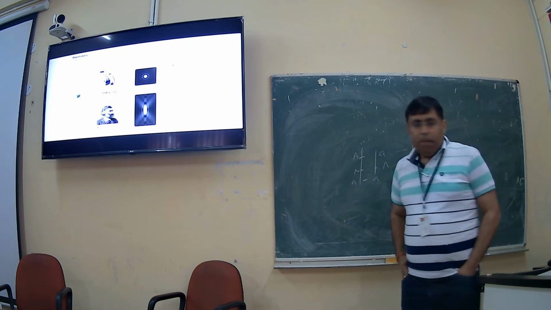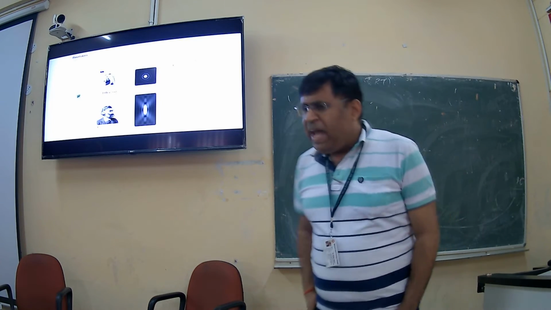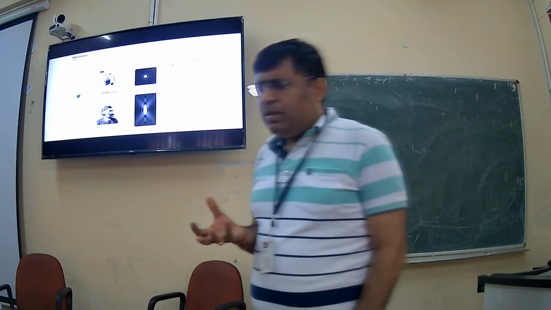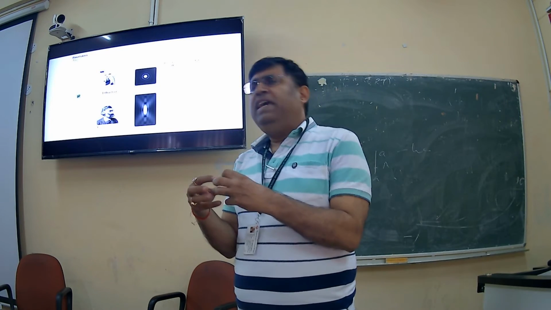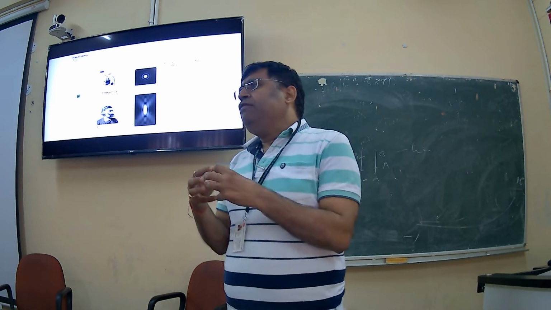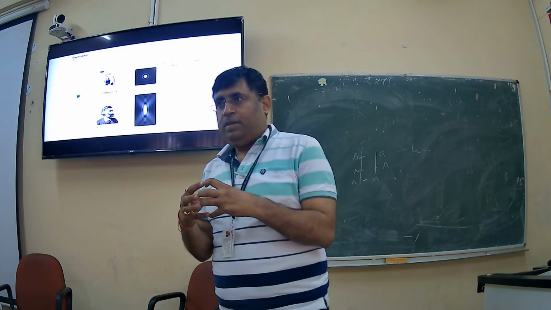Now, why can we not see two close objects very clearly? There is a phenomenon called diffraction.